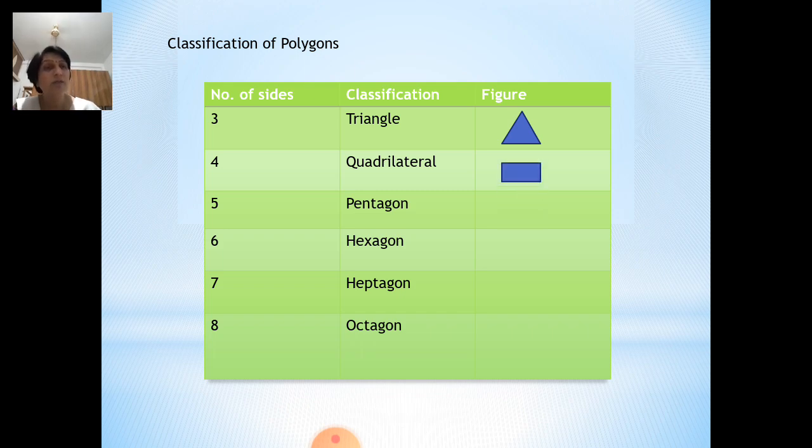The polygon having 4 sides is called a quadrilateral. 5 sides is a pentagon. 6 sides is a hexagon. 7 sides is a heptagon. 8 sides, octagon. 9 sides is called a nonagon. And 10 sides is called a decagon, and so on. You have to study till 10 sides.